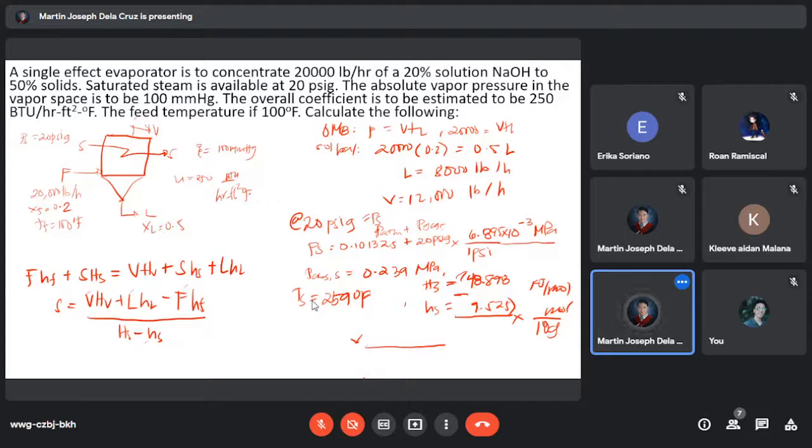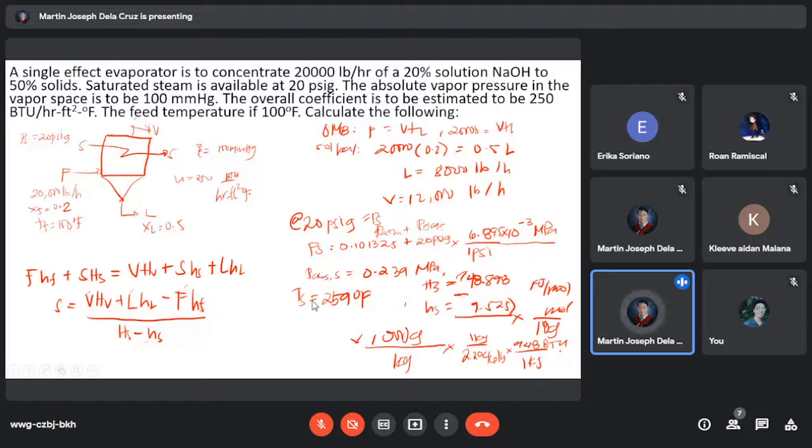And then we have 1,000 grams in 1 kilogram times in 1 kilogram you have 2.2046 pounds times in 1 kilojoule you have 0.948 BTU.